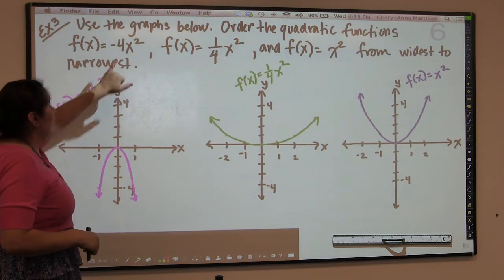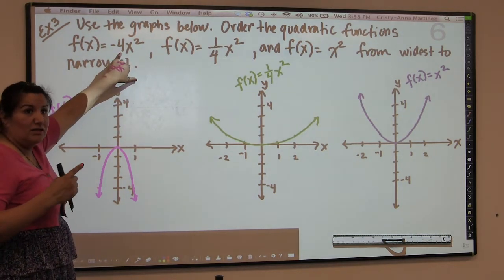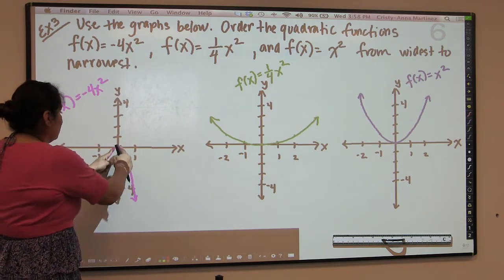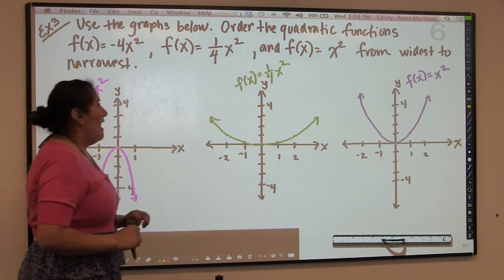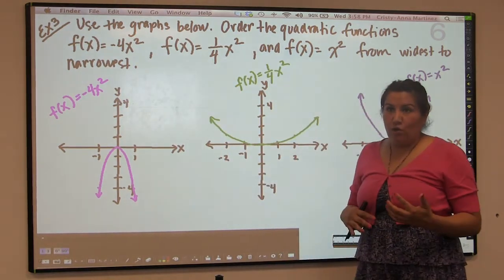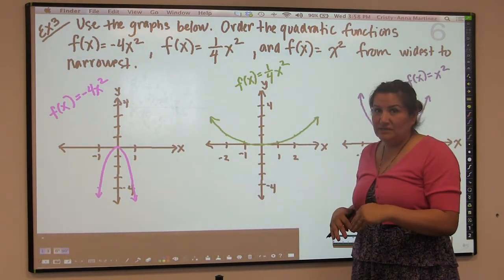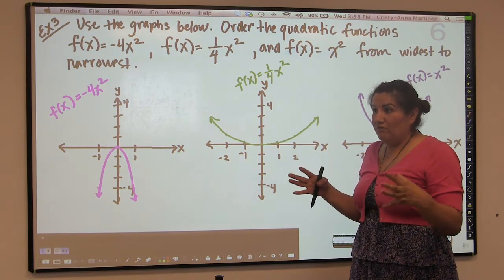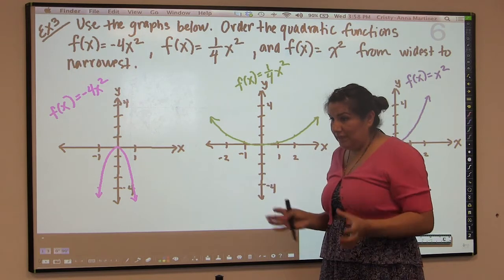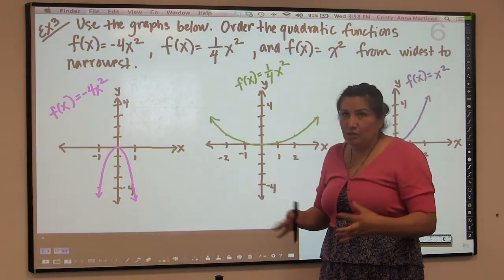And secondly, if the number in front of x squared is bigger than 1, okay, so 4 is definitely bigger than 1, it's going to make it skinnier, okay? And if you have a fraction that's not bigger than 1, so 1/4 is basically 1 out of 4 pieces. So if you had all 4 of the pieces, it would be 4/4, and you would have a complete cake or pizza or whatever.